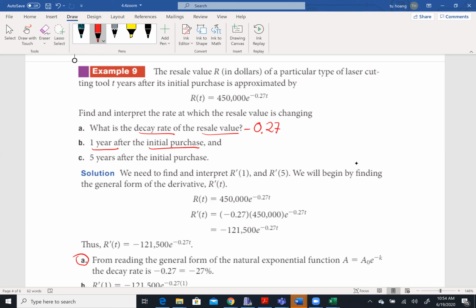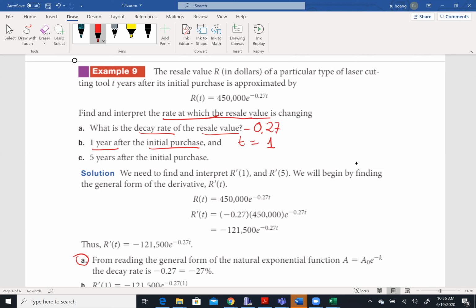What does that mean? That means in this case t equals 1, since t is years after initial purchase, right? So you need to find the rate at which the resale value is changing.